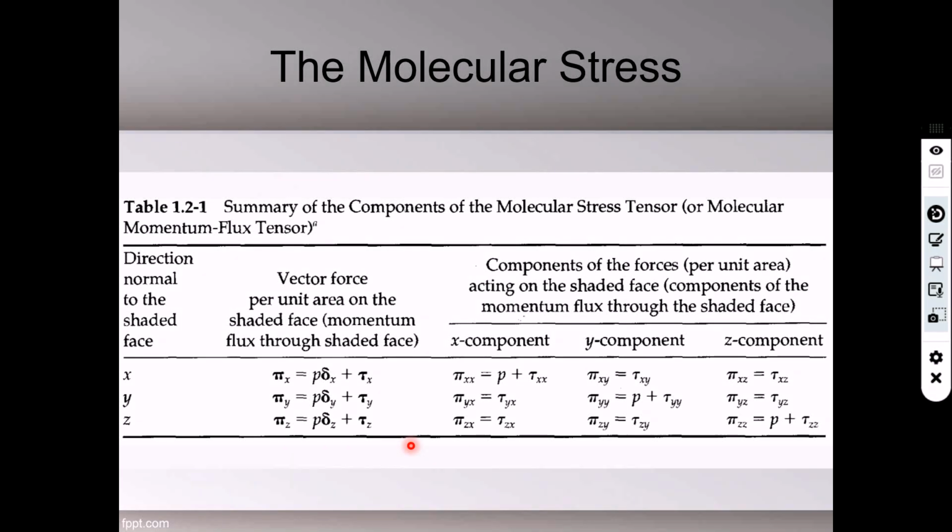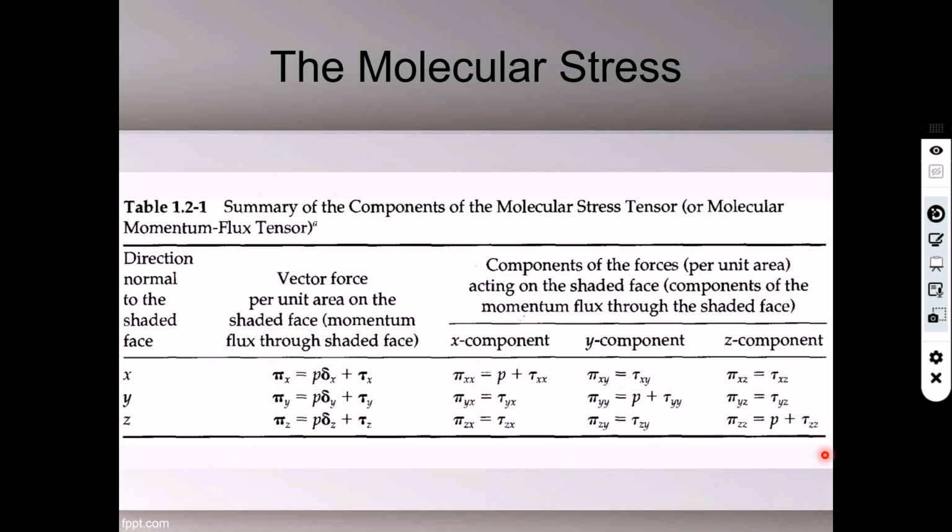And note that this pi, the molecular stress, is a tensor. So it should have 9 components. Kind of easy to understand, right? Because you have 2 indexes. The first index can be XYZ. The second index can be XYZ. So in total you have 3 multiplied by 3, so you have 9 components.